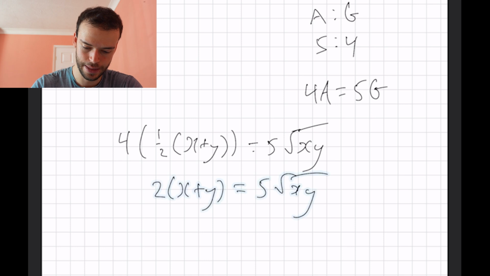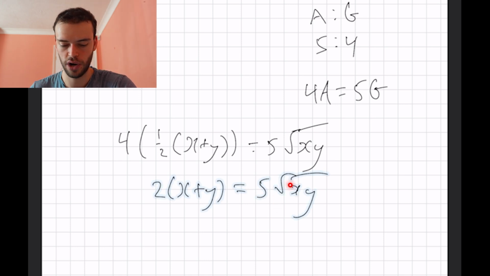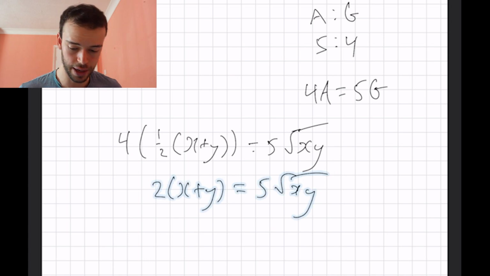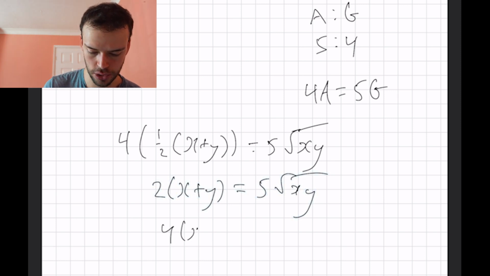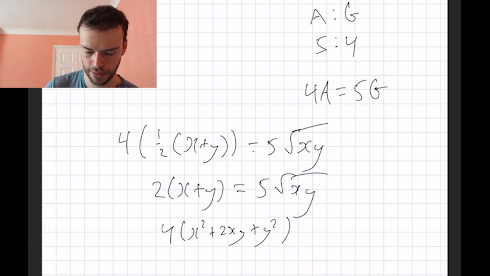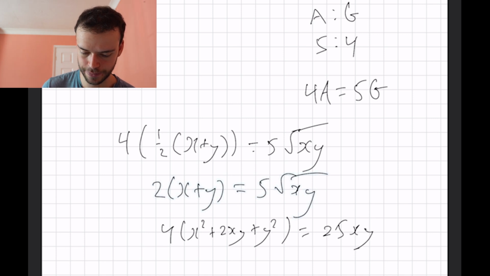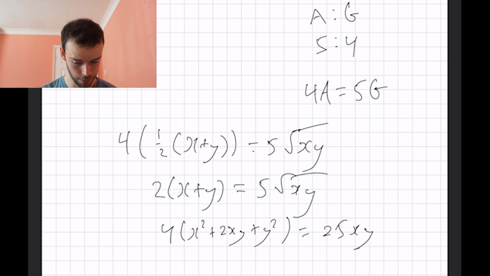Okay. Now the thing is, we have this square root here. So it looks like we may have to square both sides in order to get rid of that square root. Okay, let's do that. So if we square both sides, we're going to get 4 lots of x squared plus 2xy plus y squared equals 25 lots of xy. Cool.